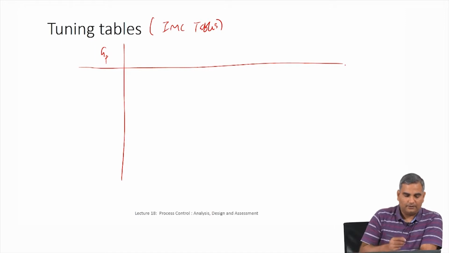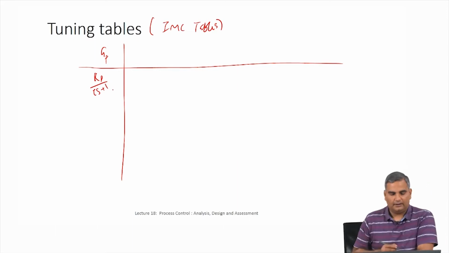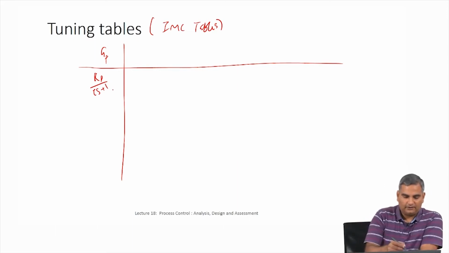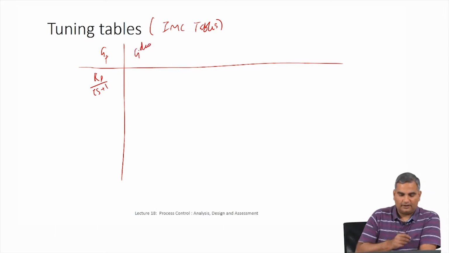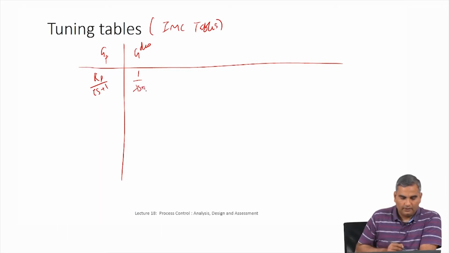So, for example, let us say this is Kp over tau s plus 1, and then because this is based on direct synthesis, you also have to give a G desired. Let us say the G desired in this case is 1 over lambda s plus 1, then you could have the P controller term, the PI term, the PID term, and so on.